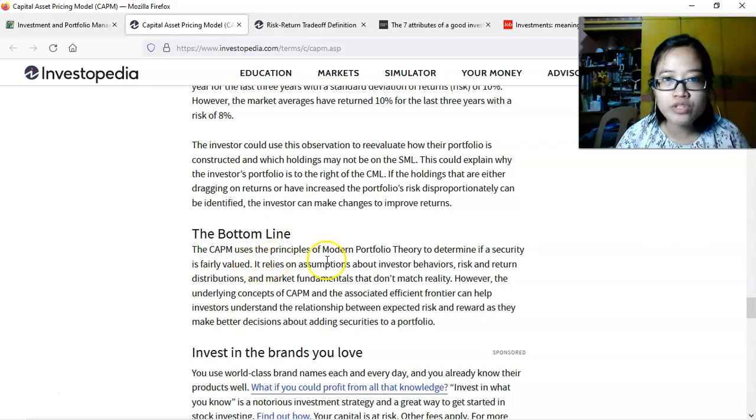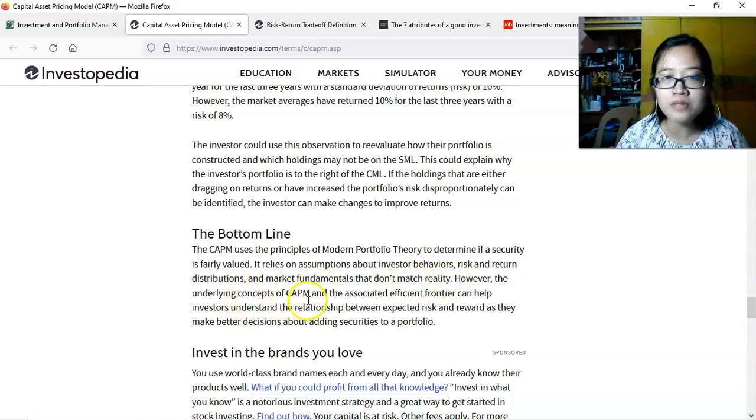Bottom line, CAPM uses principles of modern portfolio theory to determine if a security is fairly valued. It relies on assumptions about investor behaviors, risk and return distributions, and market fundamentals that don't match reality, diba? Ito yung drawback dito.